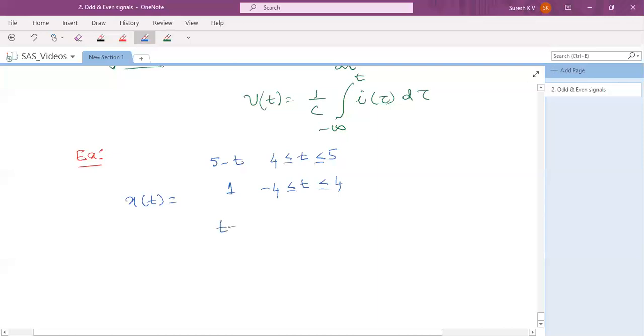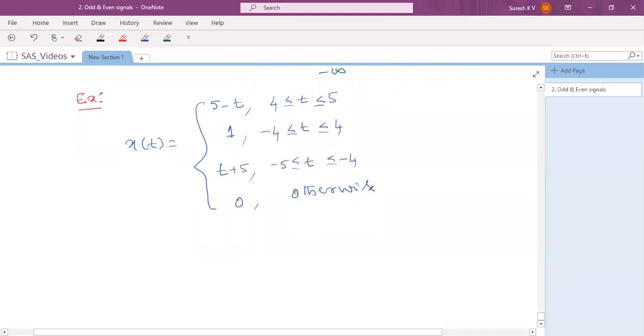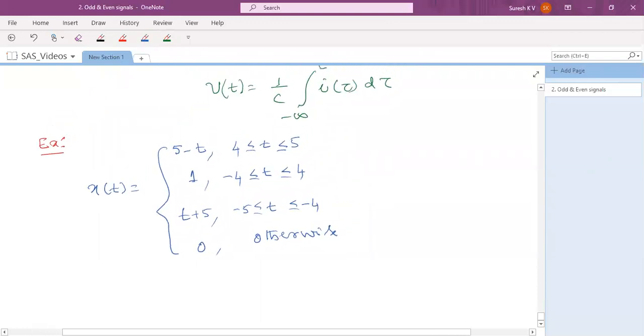It is equal to t plus 5 for t between minus 5 and minus 4, and it is equal to 0 otherwise. This is a signal defined at different instants of time t. Now the question is, first plot x of t, then find y of t equal to dx of t by dt.